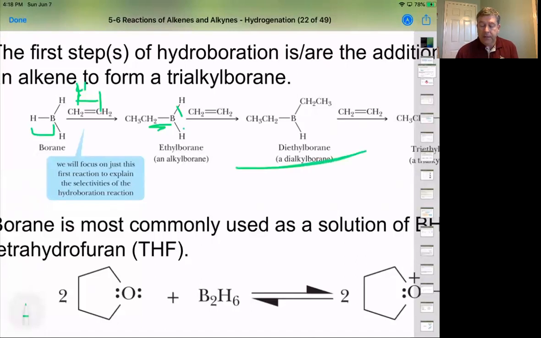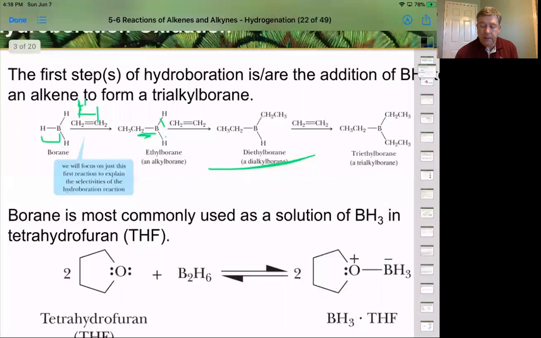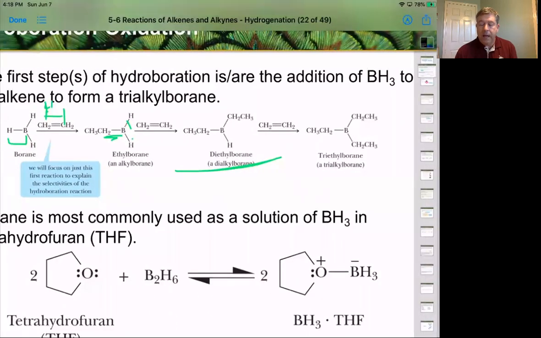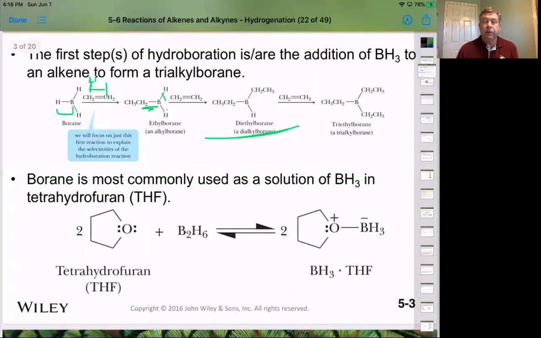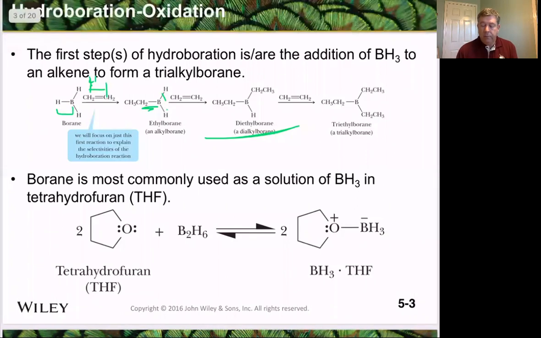And so we'll actually end up with a species in here that has 3 alkyl groups attached to the same boron atom. Okay, now the way we most commonly use this is, because borane is a gas, we typically dissolve it in a solvent like THF to give us this compound of BH3 in tetrahydrofuran. Tetrahydrofuran is a solvent we use frequently.